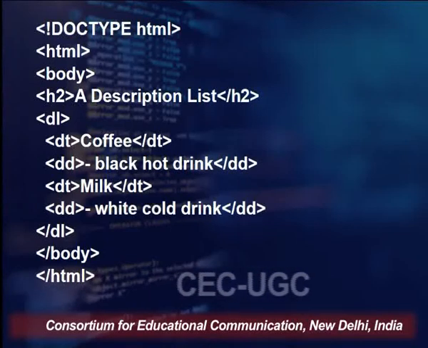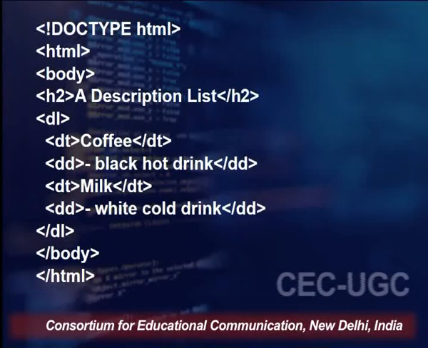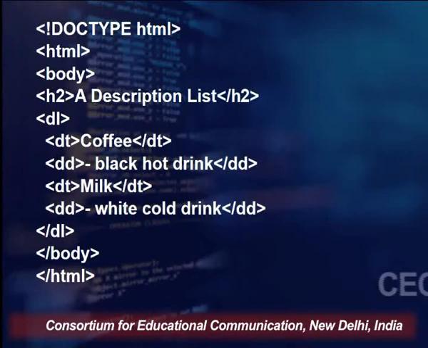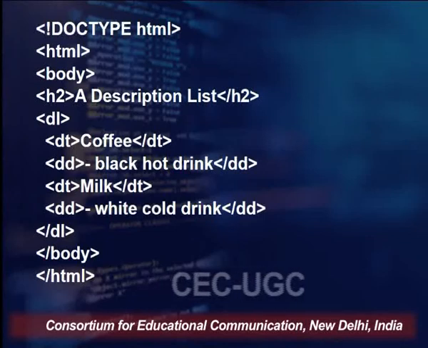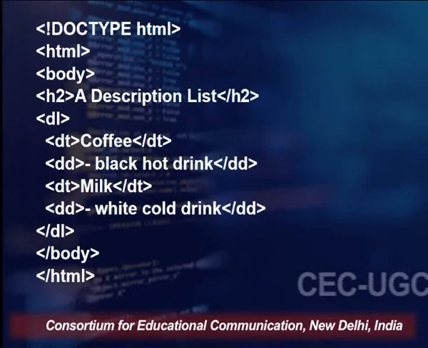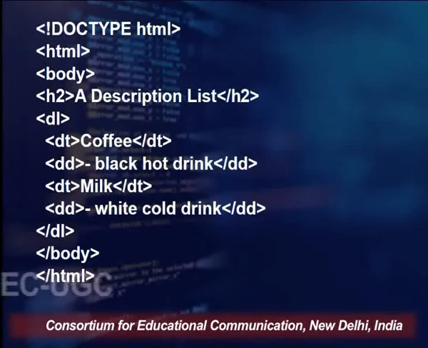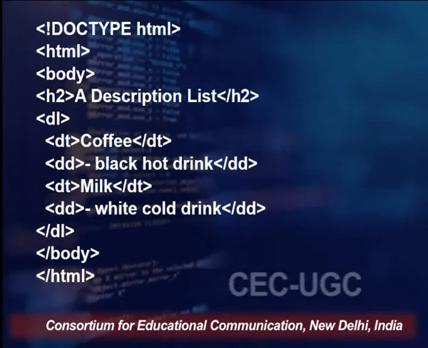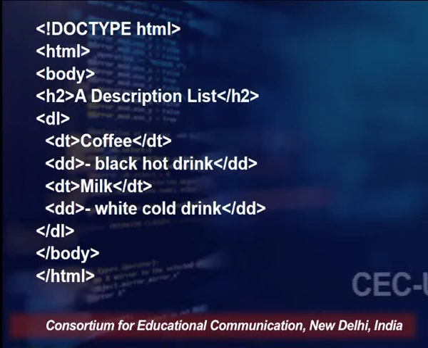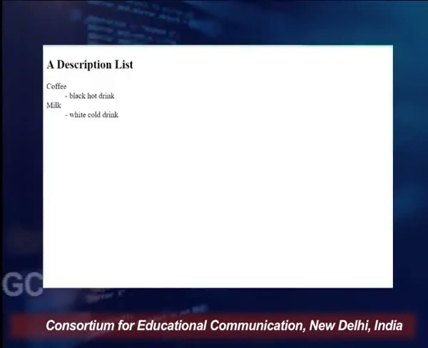Then we have the next item, milk, within the opening and closing DT tags, and within the opening and closing DD tags we have the description of milk. Now the body is closed and HTML is closed, and before that you need to close the description list.